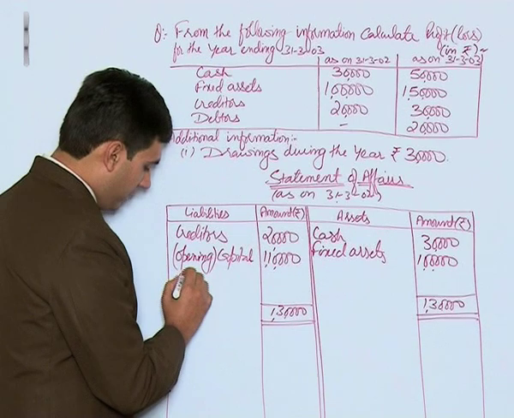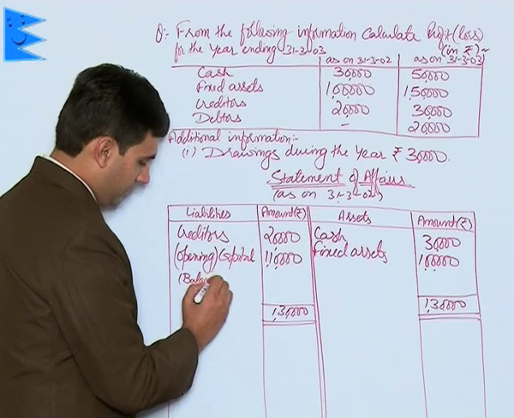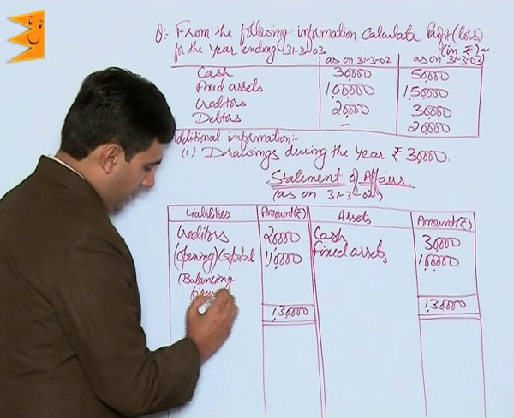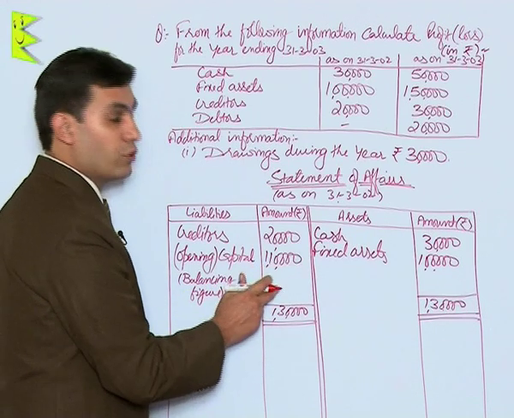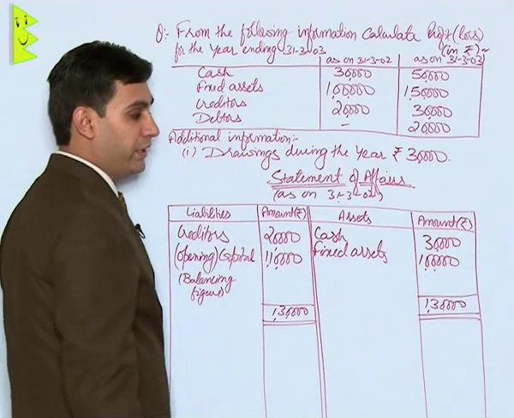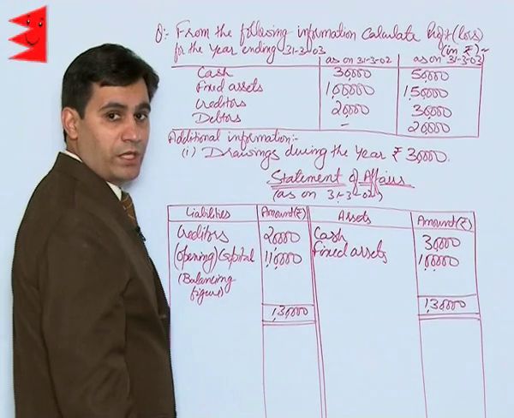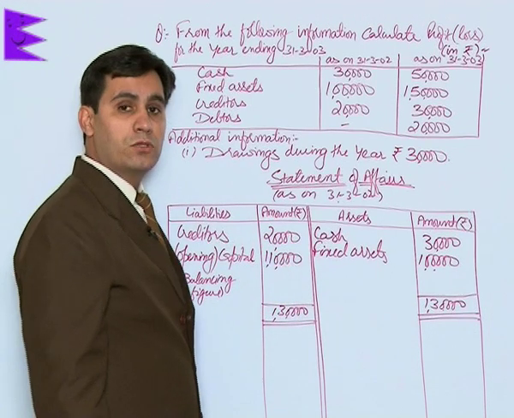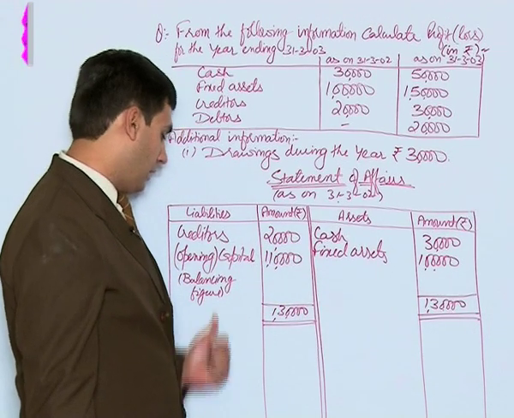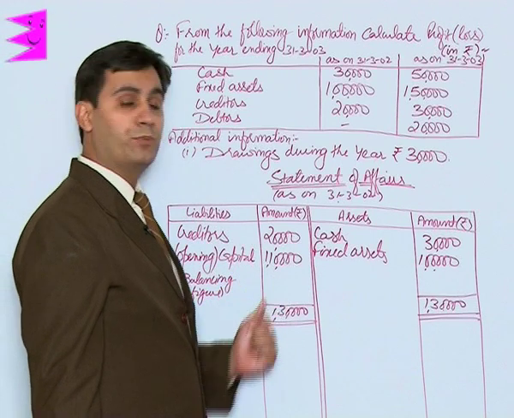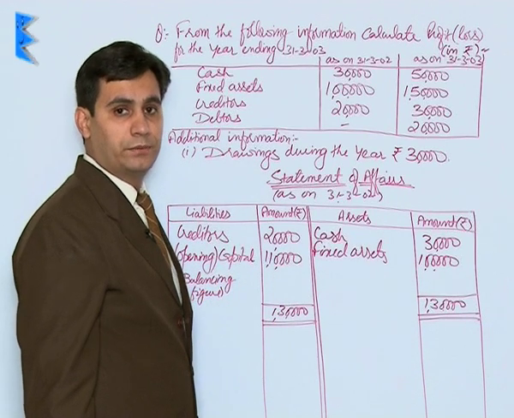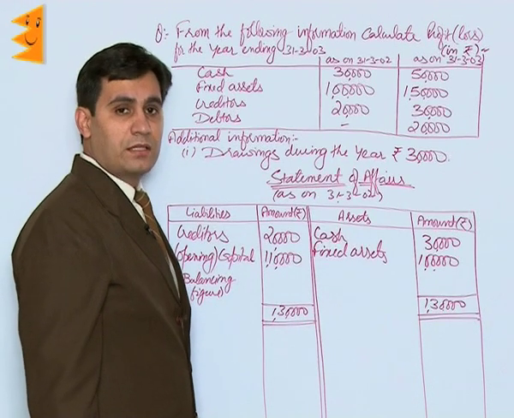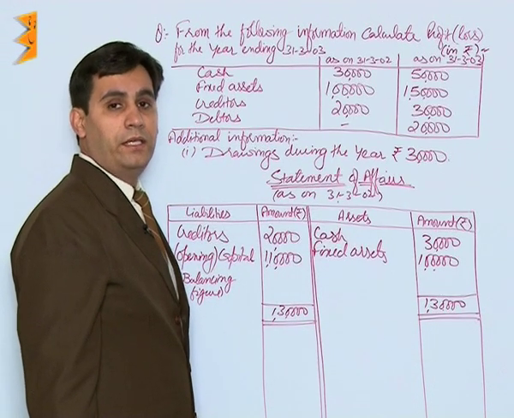And remember, it is the balancing figure. It is not given in the question. It is something that we have calculated by deducting these two sides. So after preparing statement of affairs as on 31st March 2002, we have got capital in the beginning of the year as rupees 1,10,000. Now we'll prepare closing statement of affairs to calculate capital at the end of the year.